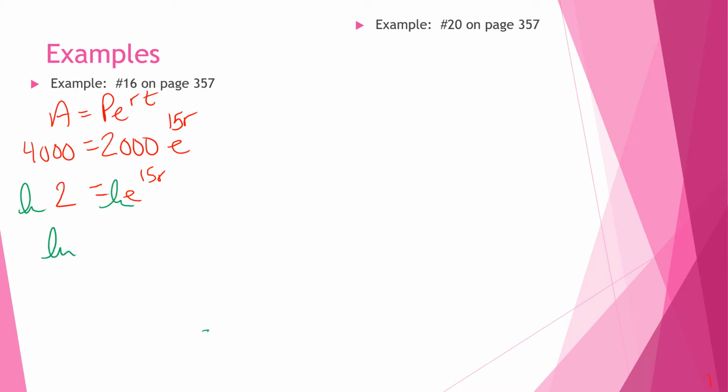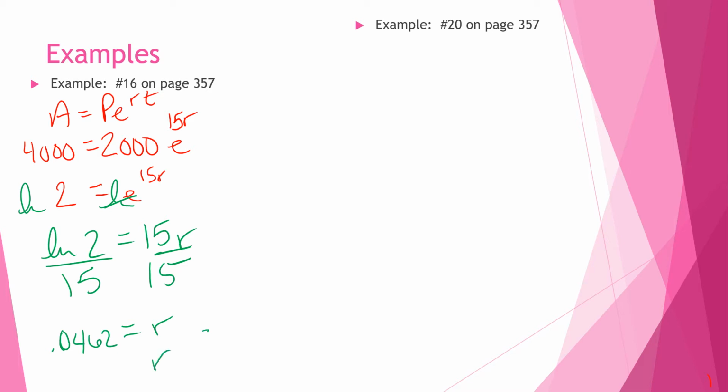So I have natural log of 2 equals my natural log, and E cancels out. And then I'm left with 15R. And this gives me a rate of 0.0462, which as a decimal is 4.62%.